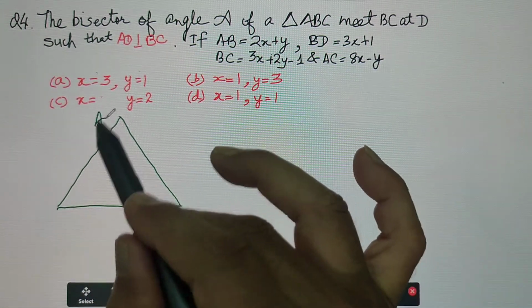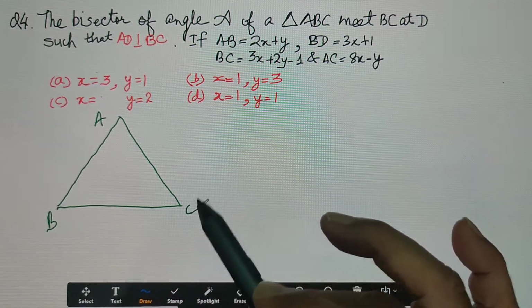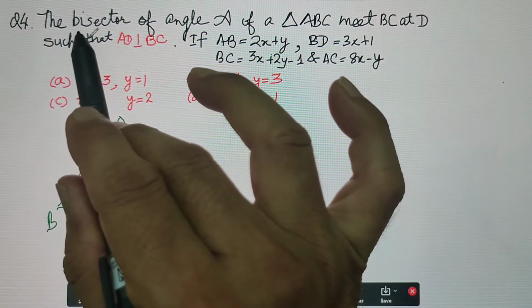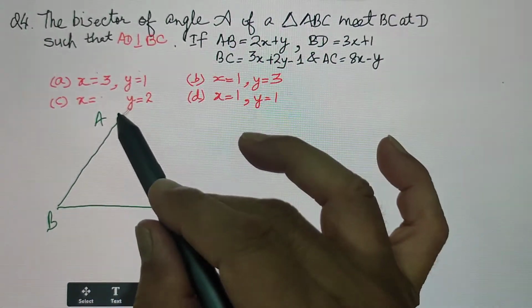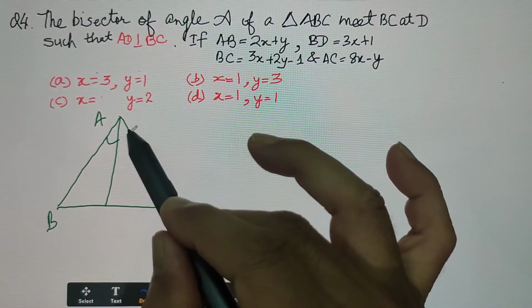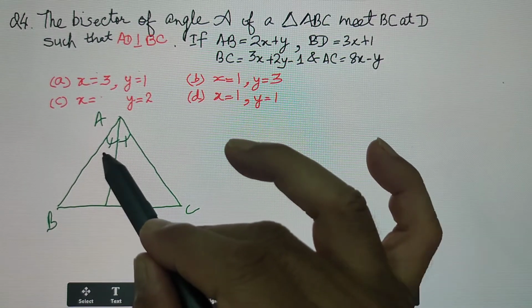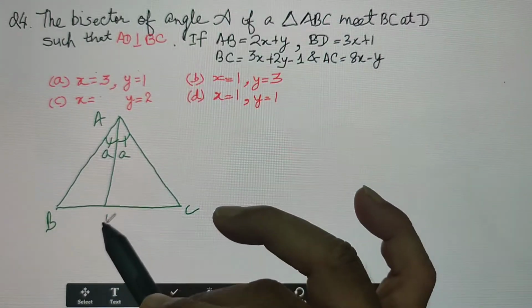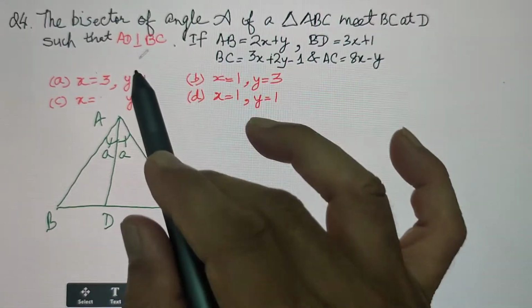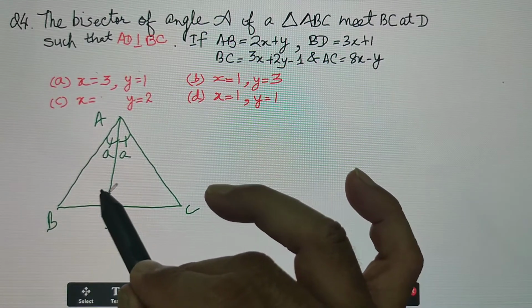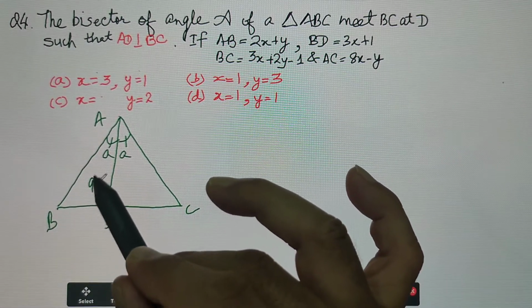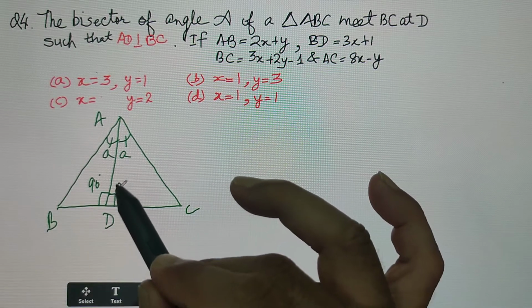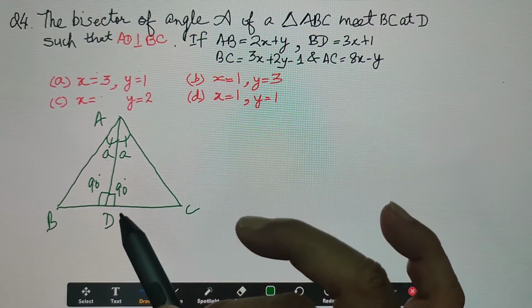This is triangle ABC. The question reads the bisector of angle A. So this is the bisector of angle A. That means this angle and this angle are equal, meeting BC at point D such that AD is perpendicular to BC. That means both these angles measure 90 degrees.